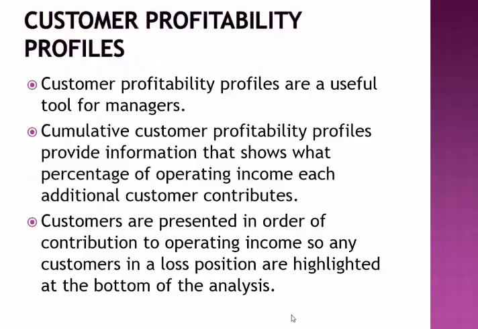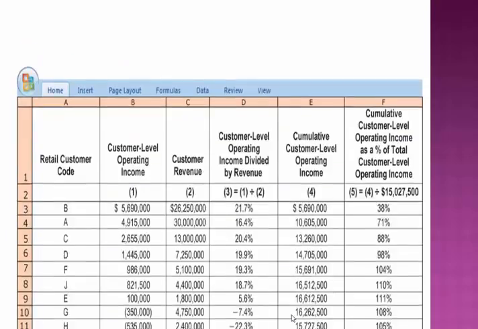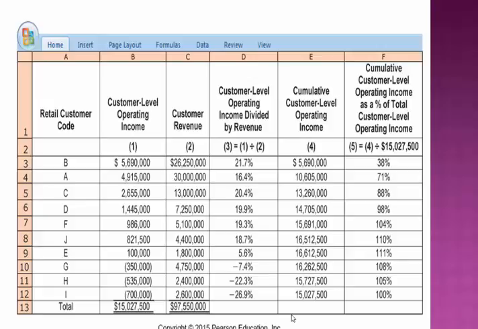But what we're going to show here on the example that also coordinates with what's in the text has additional customers in it. So again, here's customer B. They have the highest level of operating income of $5.69 million. Here's customer A, $4.915 million.